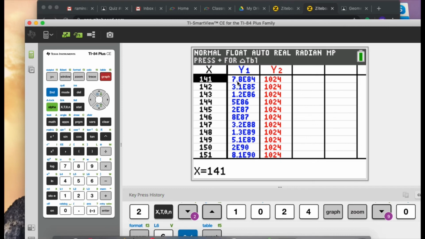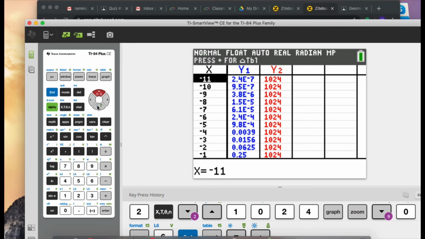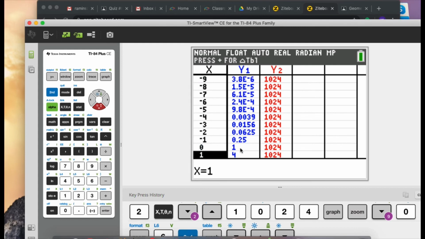Now I need both these numbers to be the same. Now I'm at way high, I'm at 150, so let's go back to 0 and just see what we have. Okay. Since this is an exponential, this is going to get high really fast.